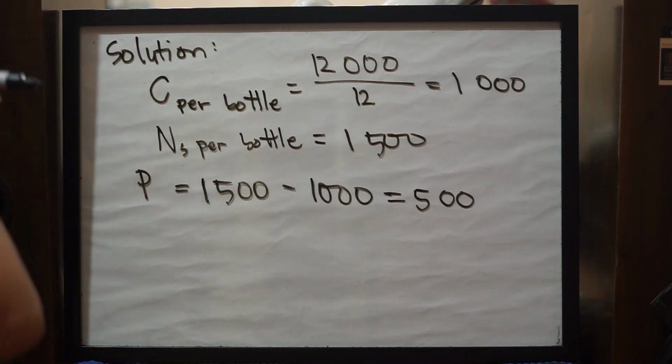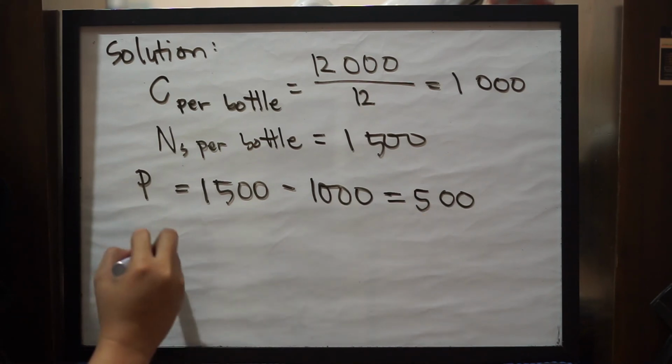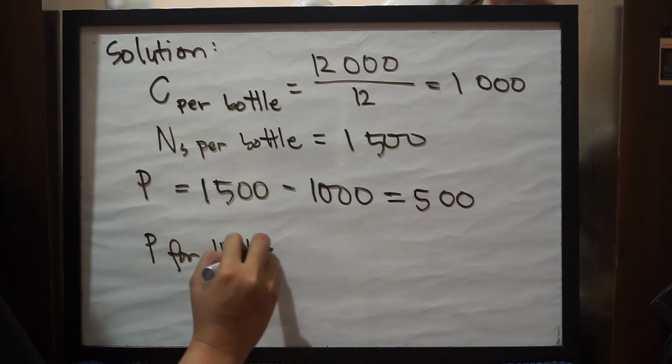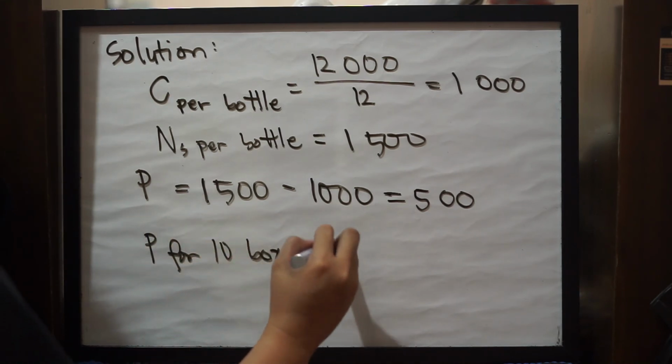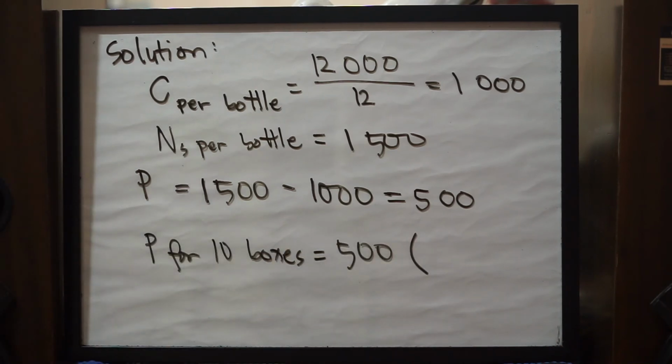Pero, ang question is, what is his expected profit on the 10 boxes of perfume? So, pwedeng ang gawin, this profit, 500, is per bottle. Ilan bang bottles meron sa 10 boxes? Sa isang box merong 12 na bottles. Eh dahil meron tayong 10 box, so 10 times 12, that is 120.